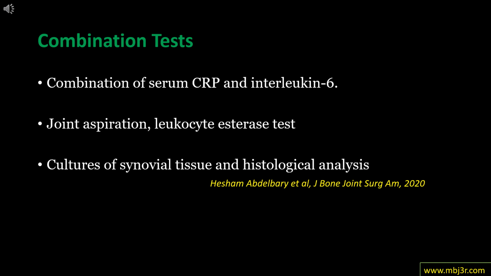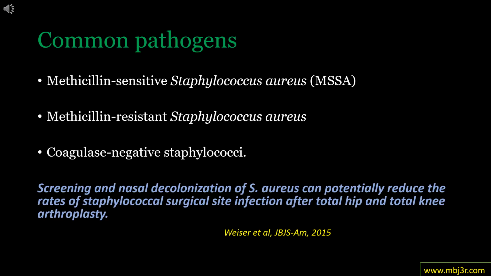Common pathogens. The most common pathogens in periprosthetic infection are methicillin sensitive Staphylococcus aureus, methicillin resistant Staphylococcus aureus, and coagulase negative Staphylococci. Patients colonized with these organisms are at increased risk for Staphylococcus infection following a total joint arthroplasty.